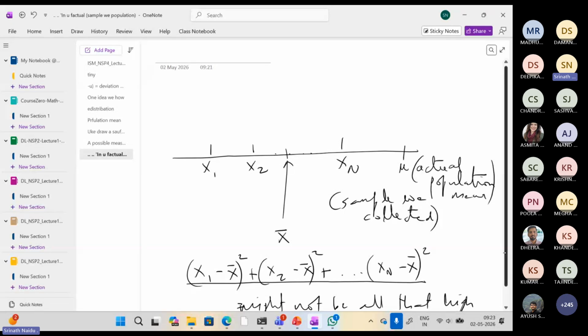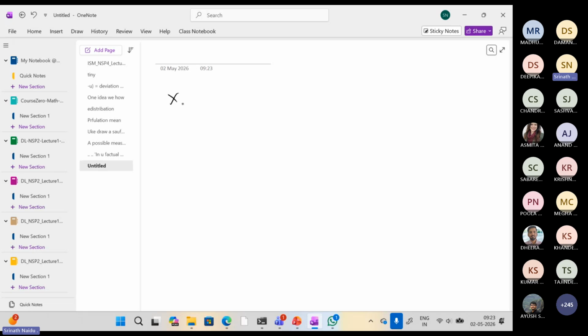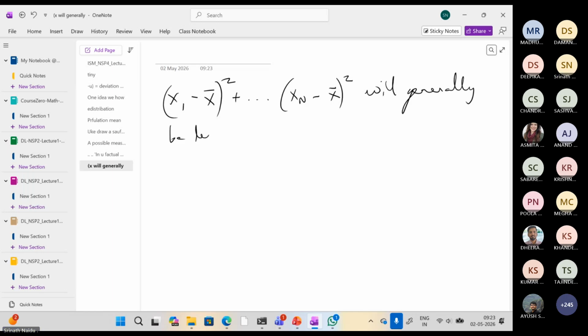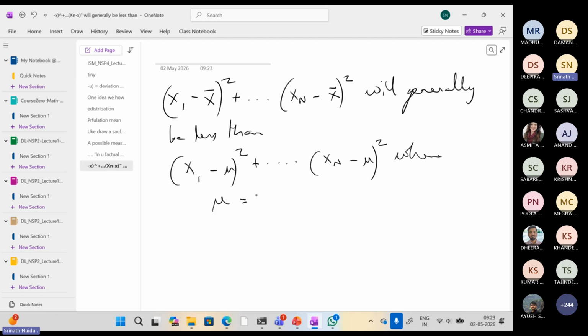So x1 minus x bar the whole squared plus xn minus x bar the whole squared will generally be less than x1 minus mu the whole squared plus xn minus mu the whole squared, where mu is the population mean and x bar is the sample mean.